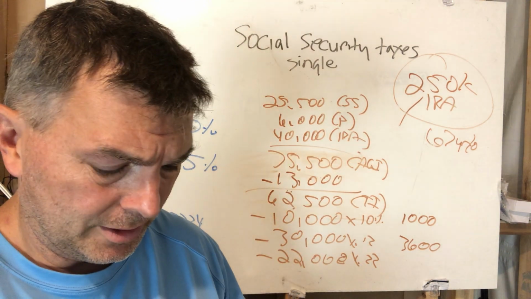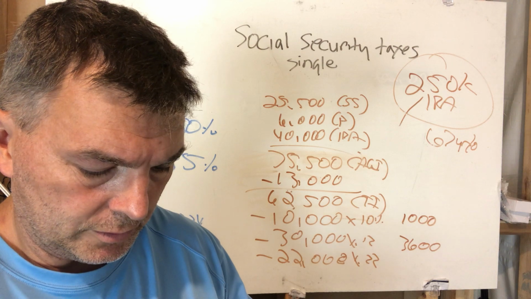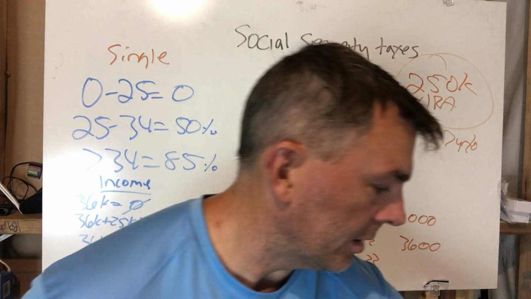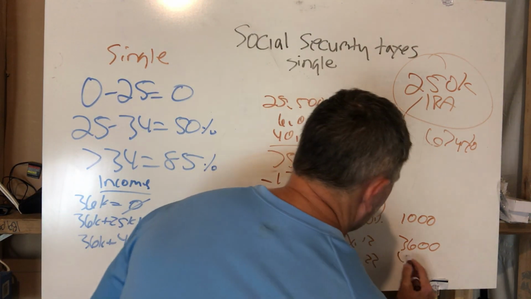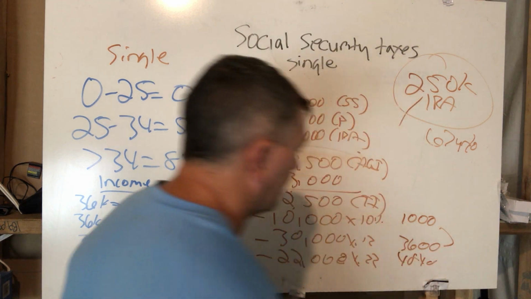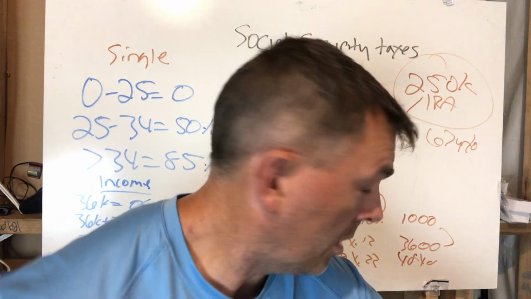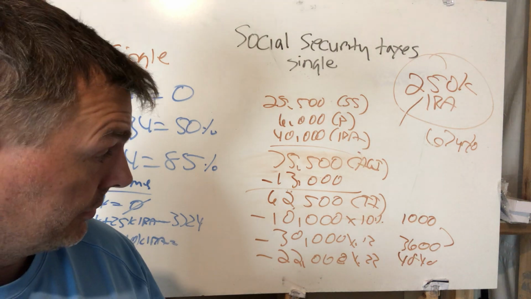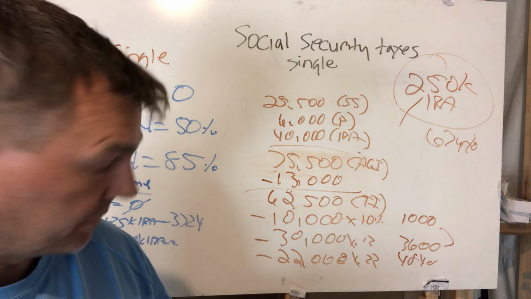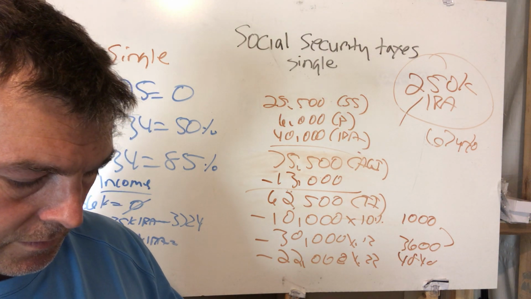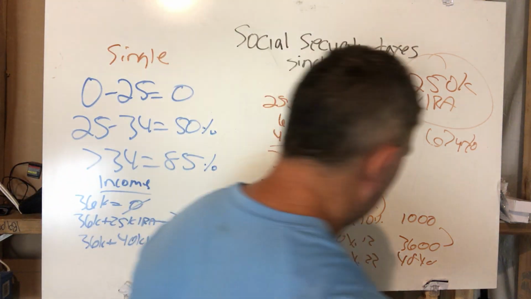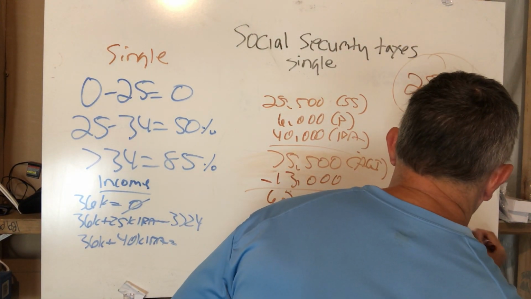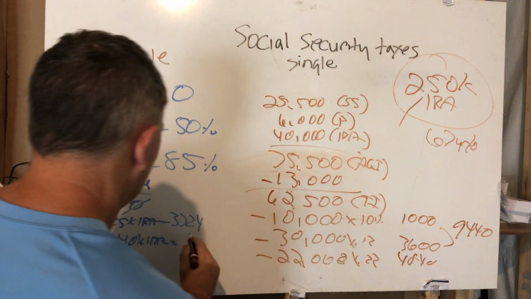Is that 4,400? Times 0.22, that's 4,840. So her total taxes are 4,840 plus 3,600 plus 1,000, which is $9,440. Yeesh.